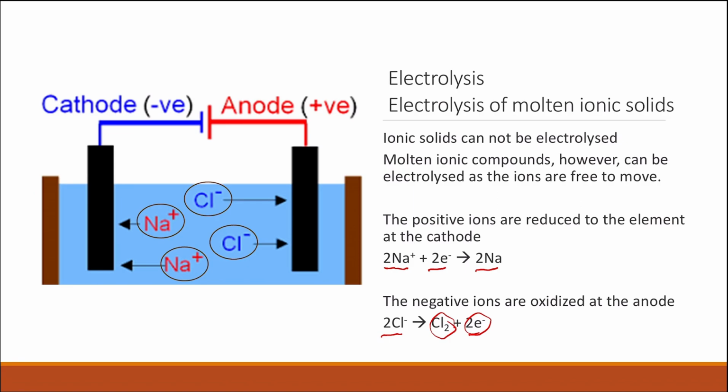You can apply the same principle for any molten ionic compound, for example, lead bromide. Lead ions, the positive ions, are going to be reduced to lead at the cathode, and the bromide ions, the negative ions, are going to be oxidized at the anode.